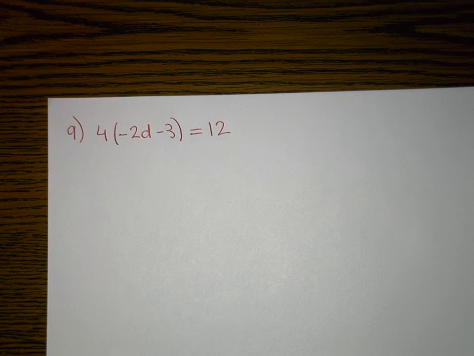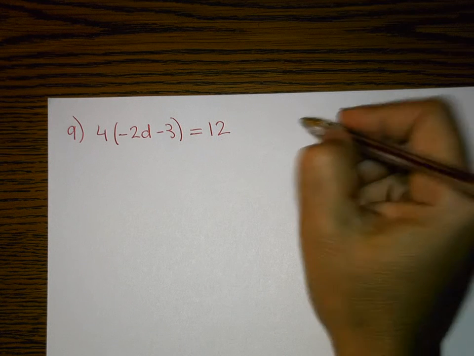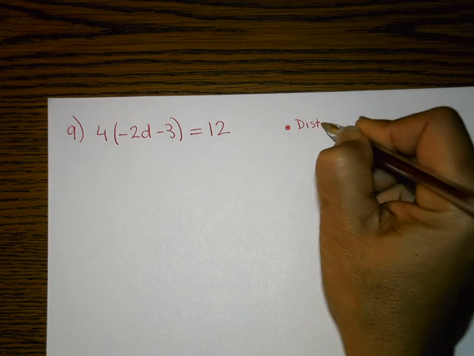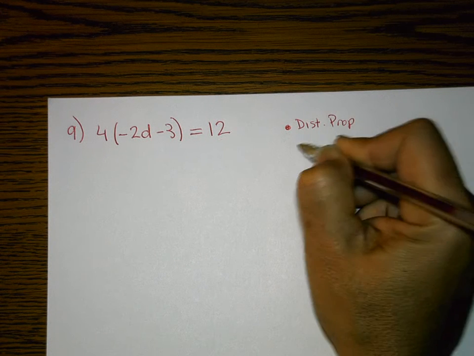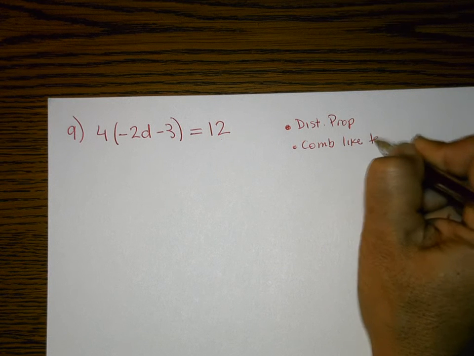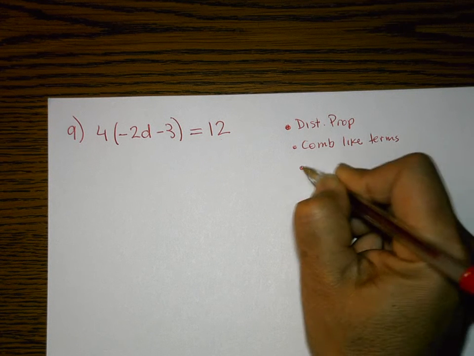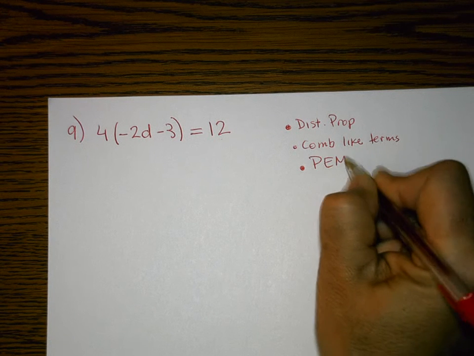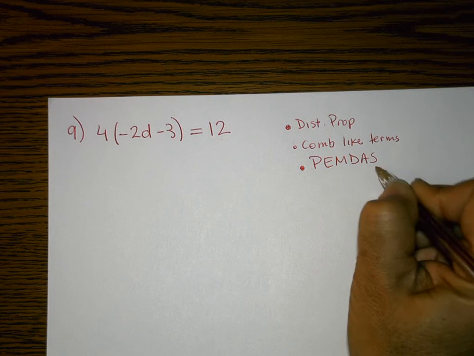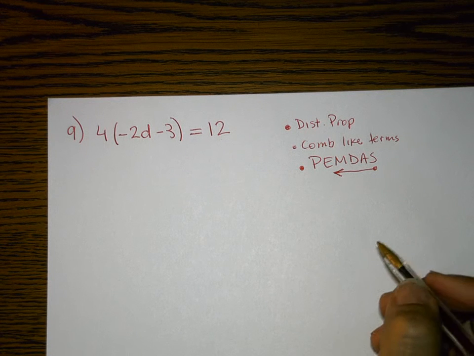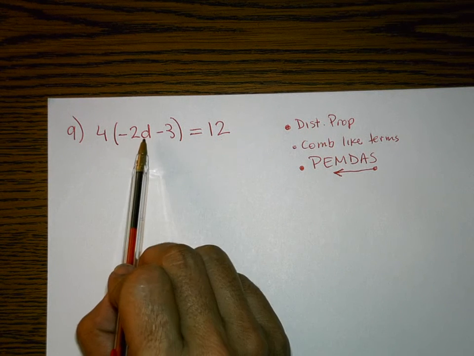Okay, so remember, we learned three things this week so far. We learned the distributive property. We learned to combine like terms. And we learned that we must use PEMDAS backwards if we want to solve for our unknown variable. And that's what we're doing here. We want to see, what is this number?